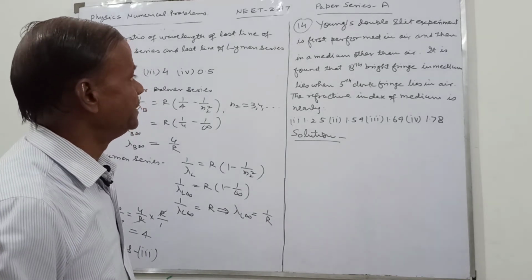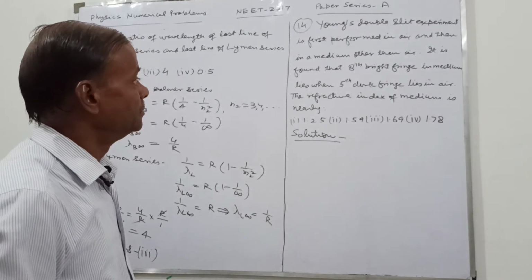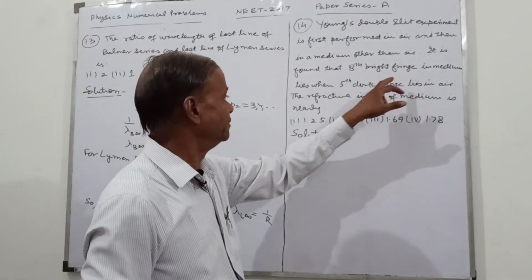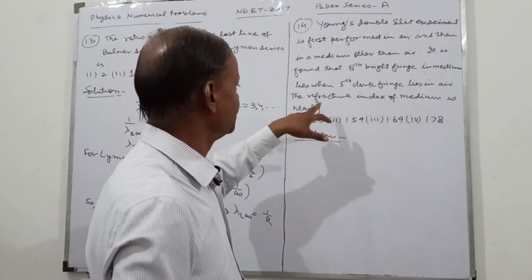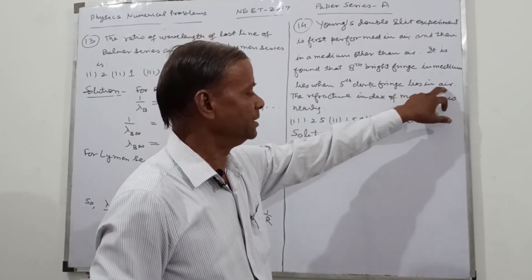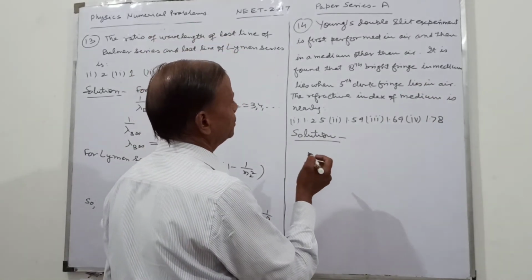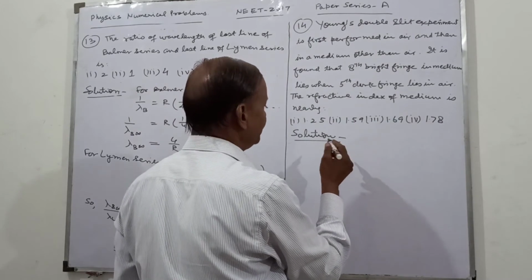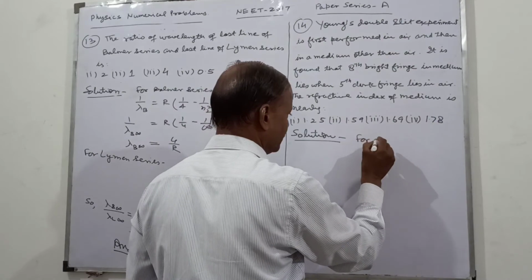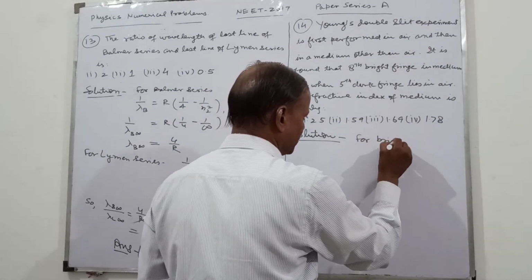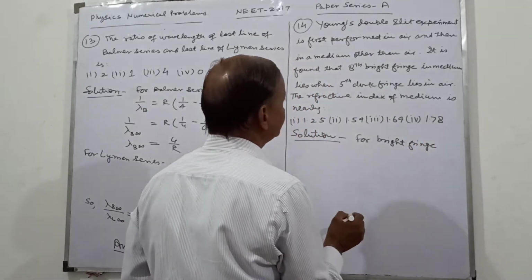So you are given that the eighth bright fringe in the medium lies where the fifth dark fringe lies in the air. So first we take the bright fringe.